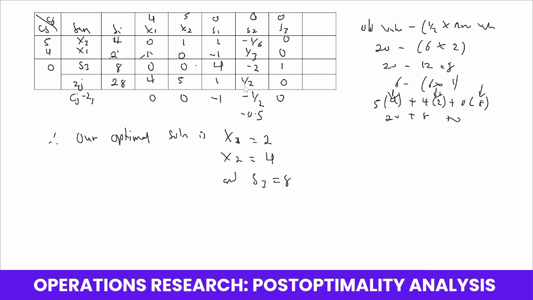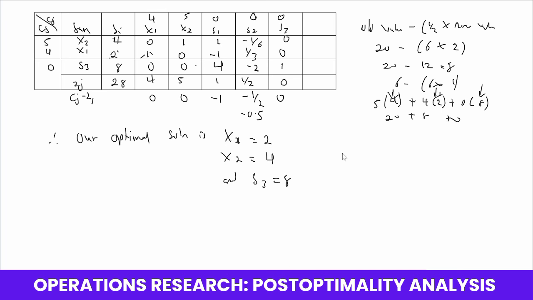Which means that when these variables enter the basis, there's going to be a decrease in the profit by $1 and then 0.5 respectively. Since we don't have S1 and S2 in the basis, this means that we have fully used the labor and then the material resources.